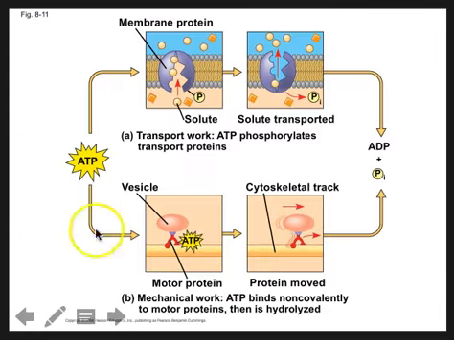Here are two visuals. Up here, I took ATP and broke off a phosphate, remember ATP to ADP plus Pi? So look, this phosphate ends up binding to this membrane protein, this carrier protein. This protein has been phosphorylated, okay? It's going to change shape.